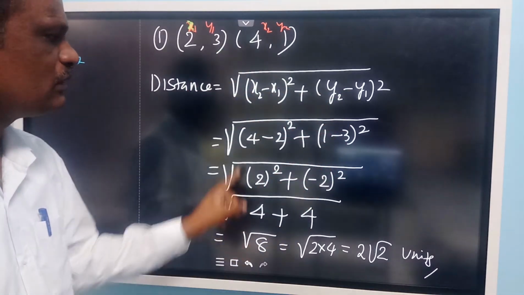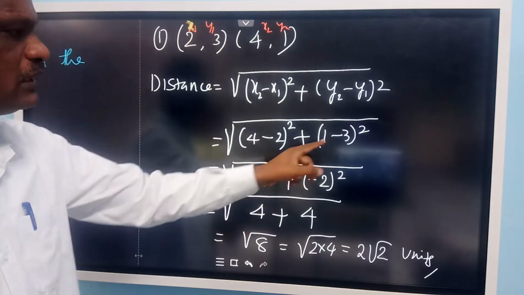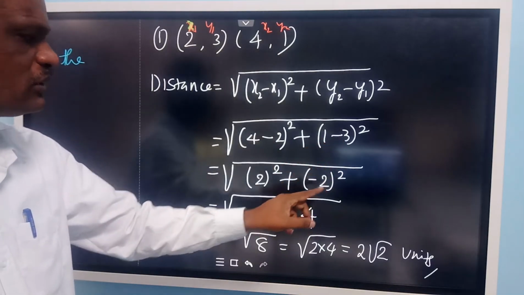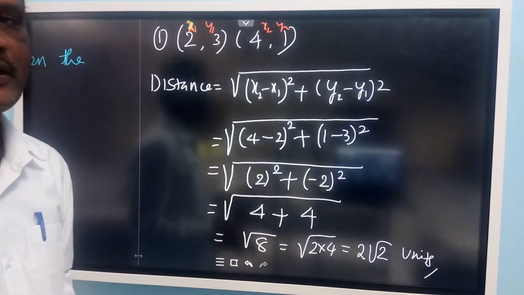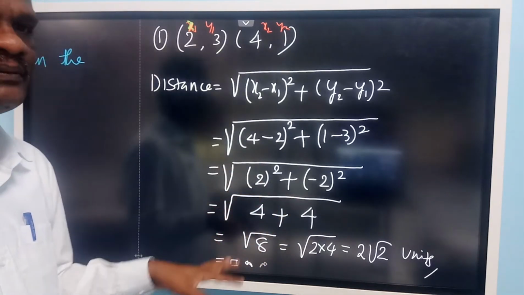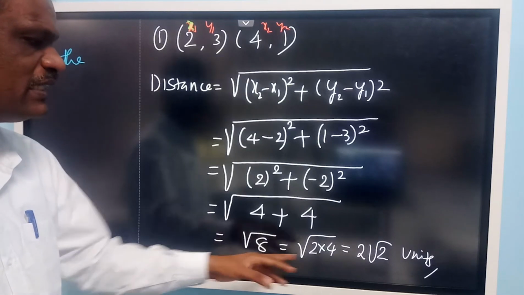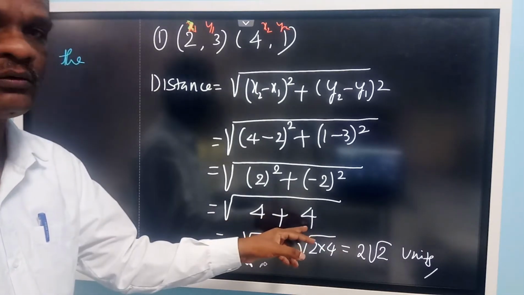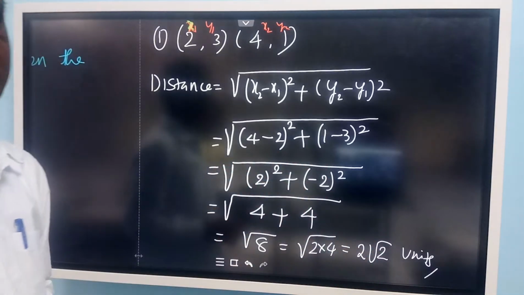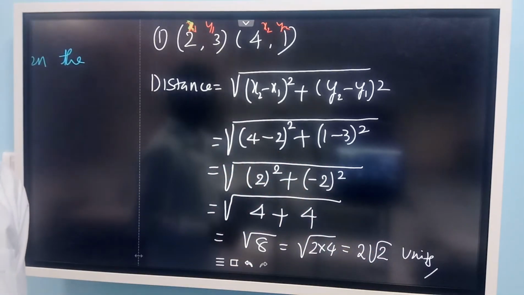So 1 minus 3 whole square. 4 minus 2 means 2, 1 minus 3 means minus 2 whole square. So both will be 4 only, because whether you square a negative number or a positive number it becomes only positive. Root 8 is nothing but 2 root 2. This itself shows that 2 times 4, you take that 4 outside and it becomes 2 root 2.